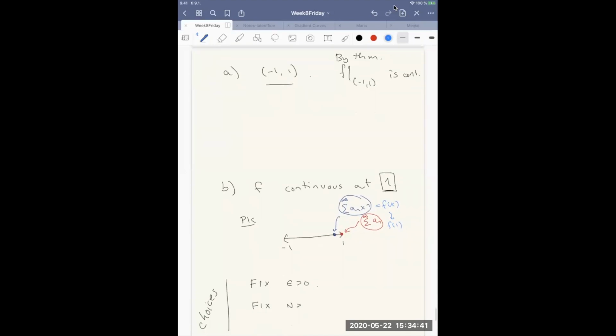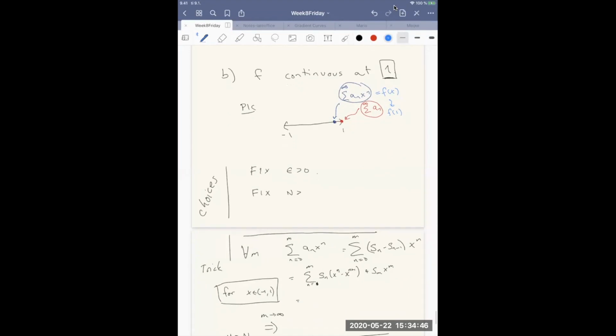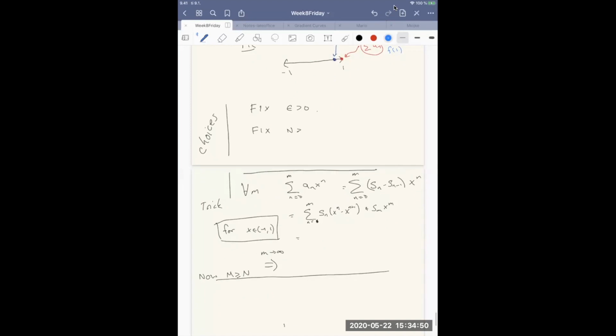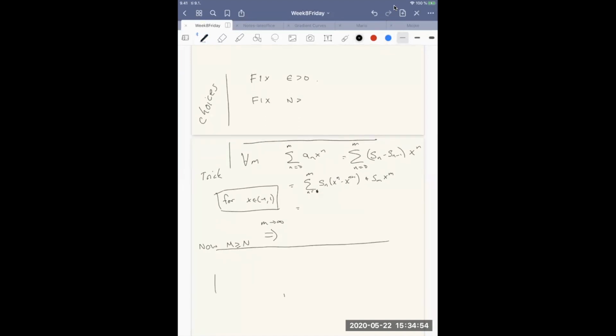Well, we'll need to make some choices, epsilon and N. But before we know what choices to make, as usual, we'll have to estimate. And we'll want to estimate f(x) minus f(1).